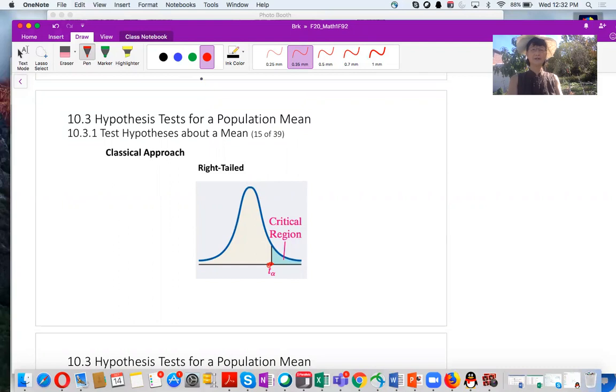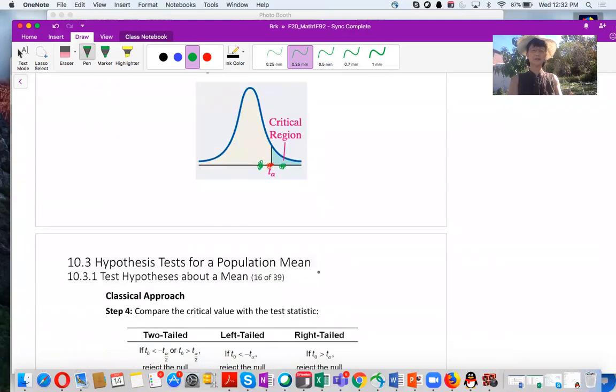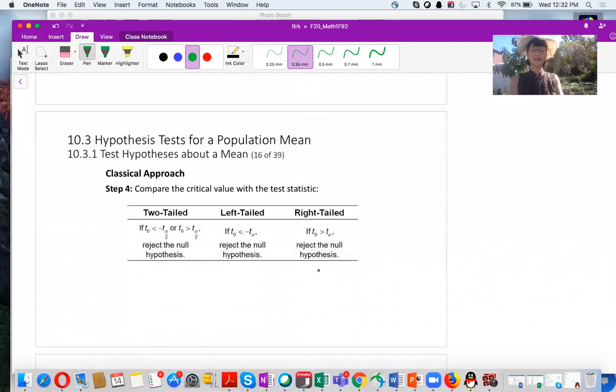If your test statistic is here, less than the critical value, you do not reject H0. If your test statistic is greater than the critical value, you reject H0. So this is the criteria to compare the test statistic with the critical value.